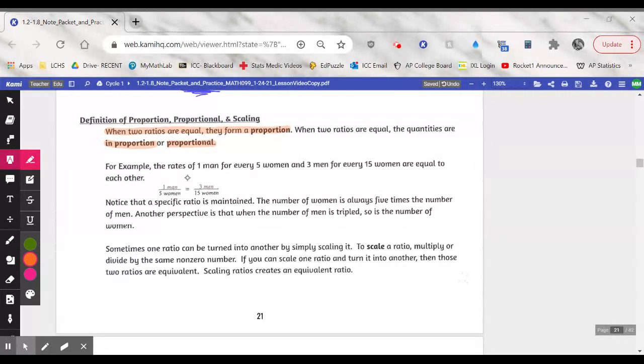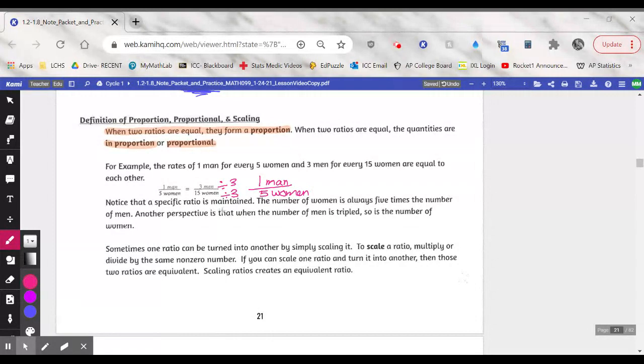So as an example, if we have the rate 1 man for every 5 women, it is the same thing as saying 3 men for every 15 women. And that holds true because if we were to simplify the second fraction and divide the top and bottom by 3, this would be 1 man for every 5 women.